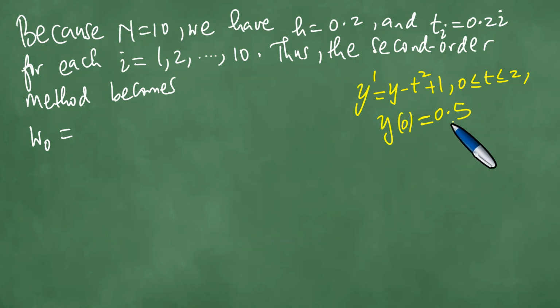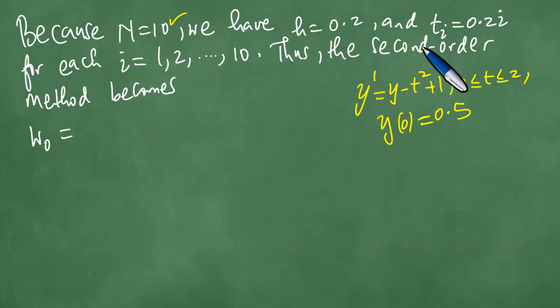This is the question. If we have that n equals 10, how many i's will be there?